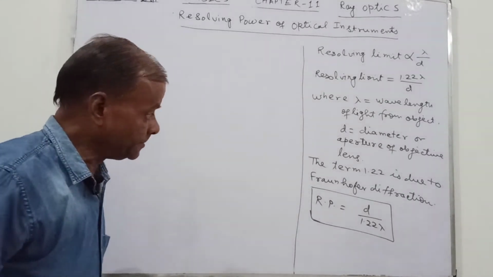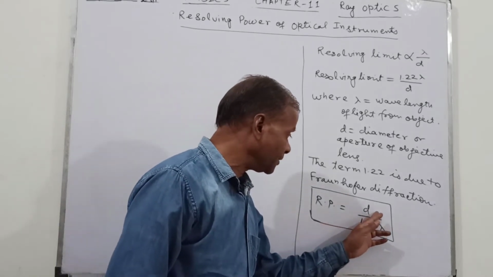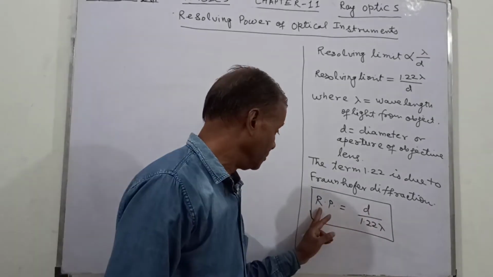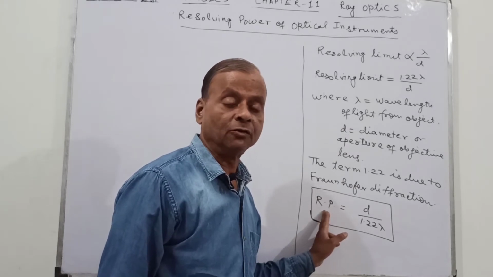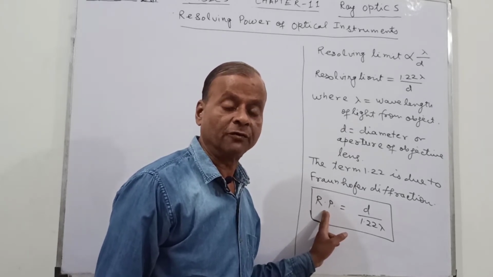So now you can see, the larger the aperture of the objective, the more the resolving power. This is why the objective of the telescope is taken of large aperture.